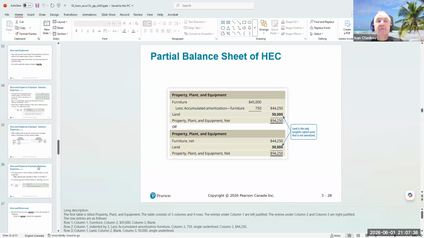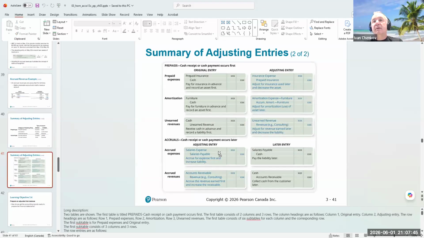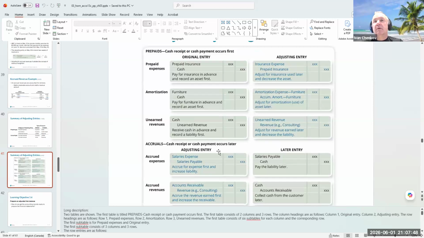And now we have the 5 adjusting entries that we have to do at the end of every reporting period, month or quarter or half year or year. First one is to transfer the prepaid expense into the actual expense, or unearned revenue into revenue by recognizing the revenue.